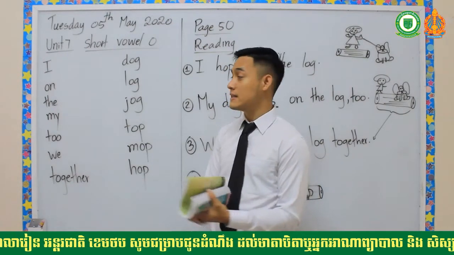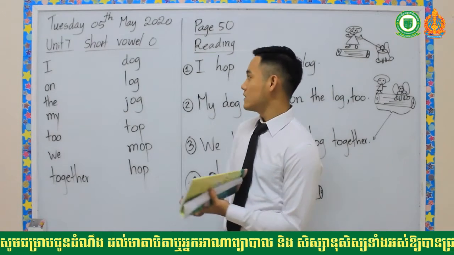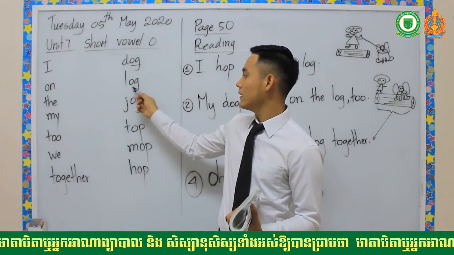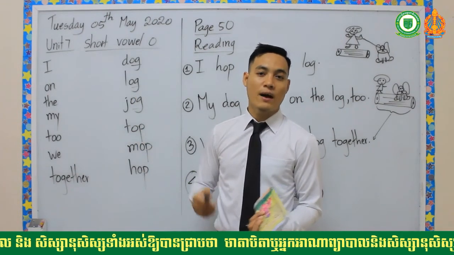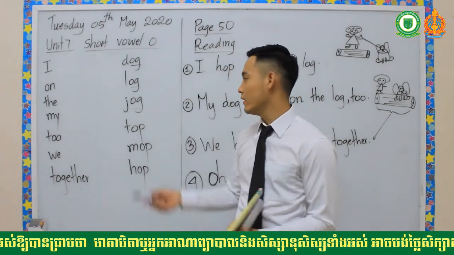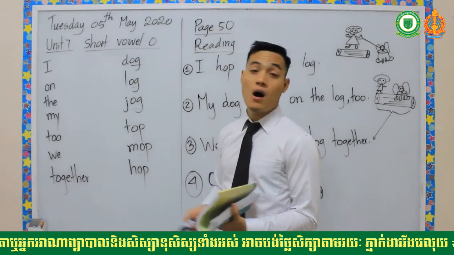The first one is og, so the word dog, the word log, the word jog. And you have learned about op, like the word top, the word mop, and the word hop.